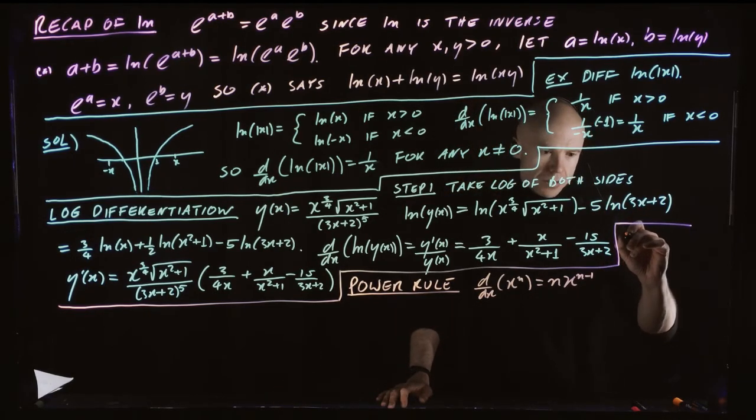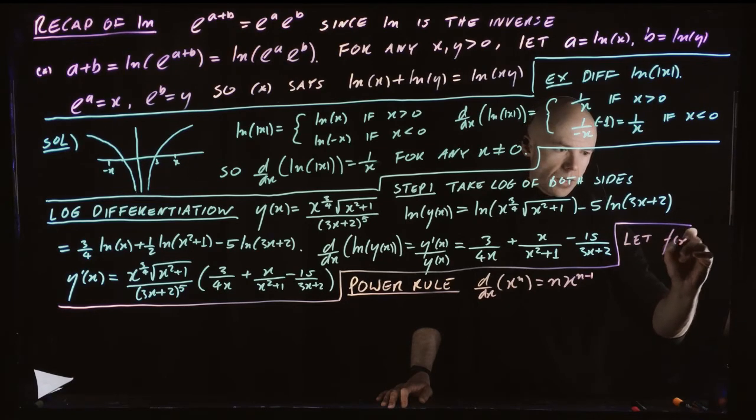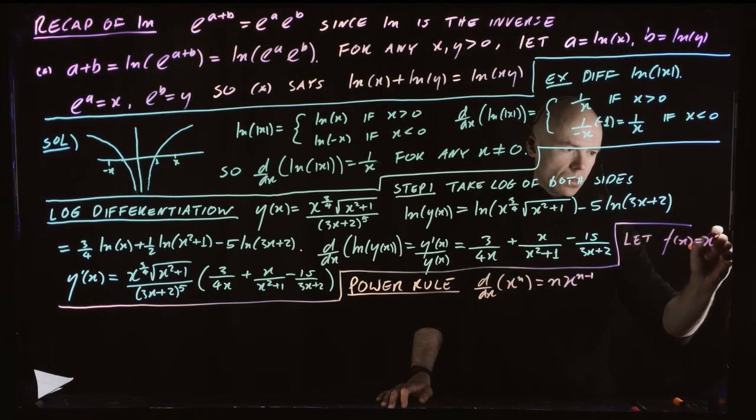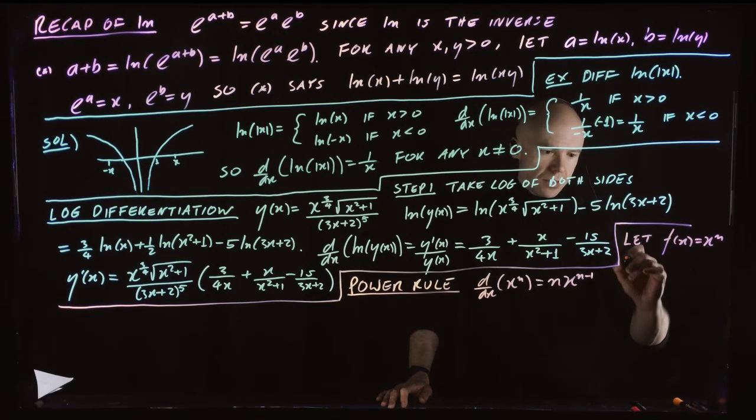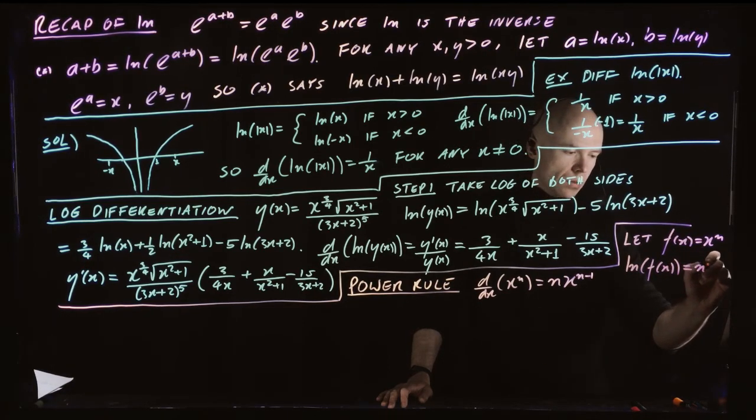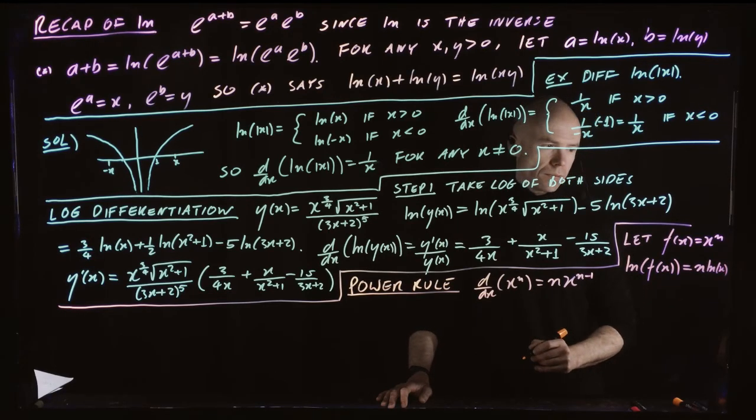If we do the following, let f of x be x to the n. Then let's take log of f of x. That is just going to be n log of x. Right?